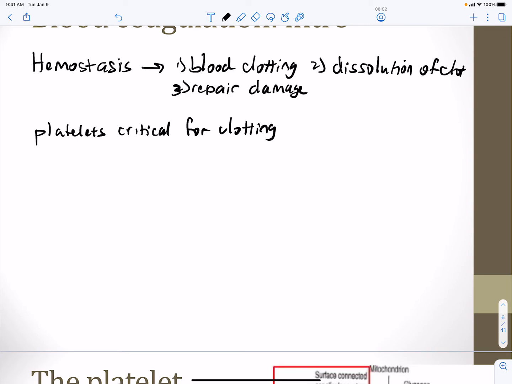So if you get damage to the endothelial lining of blood vessels, for example, this is going to expose a subendothelial layer. This subendothelial layer is made up of extracellular matrix as well as smooth muscle.